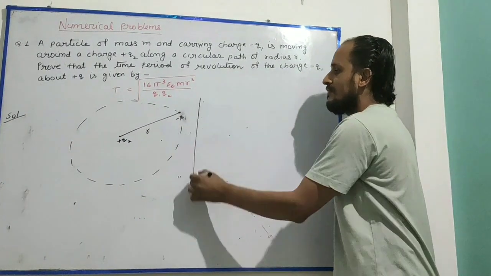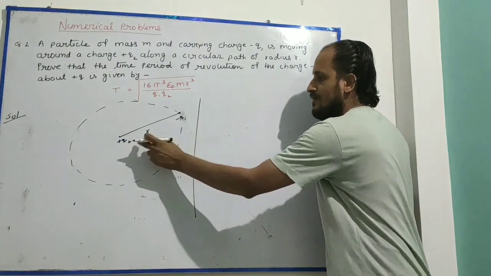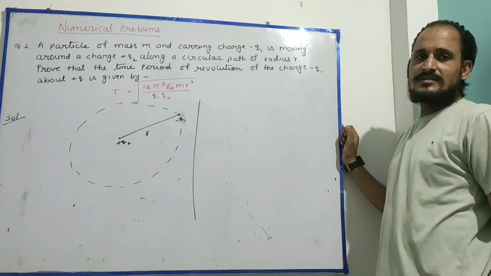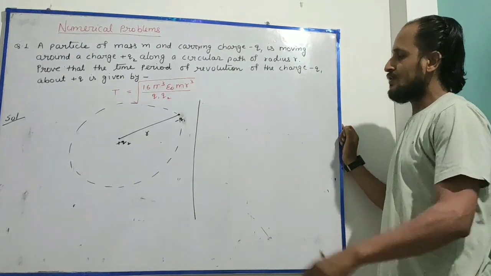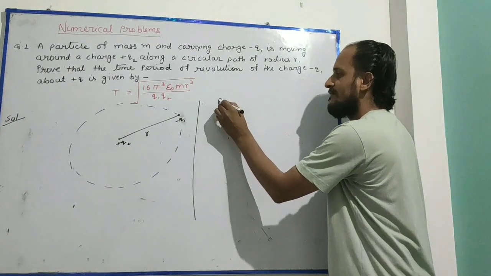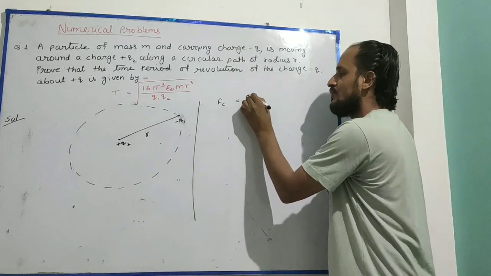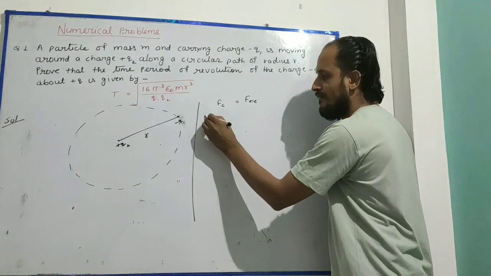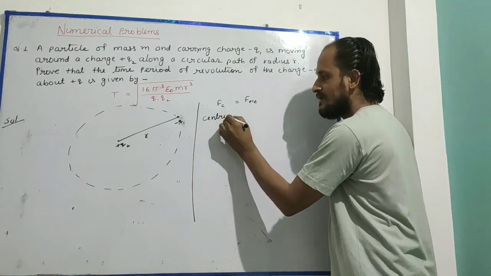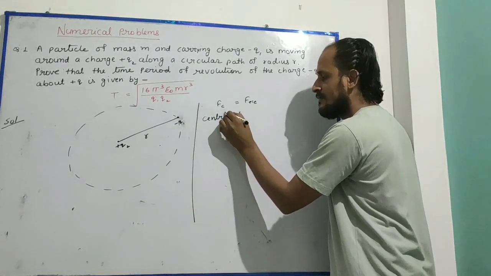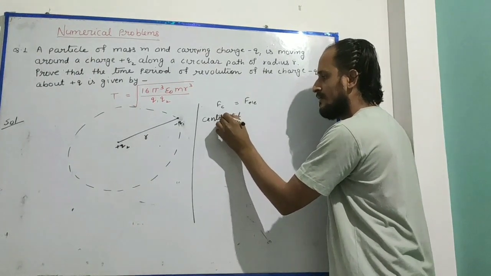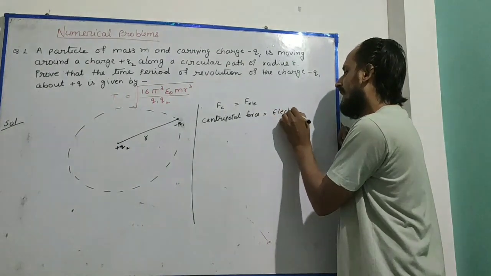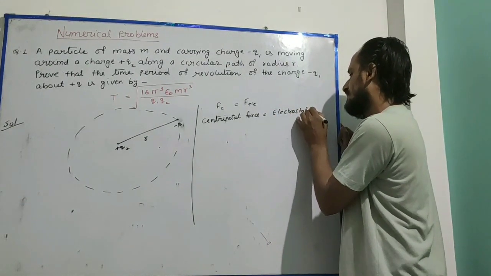Now the electrostatic force acting between them will act just like centripetal force. So what we can write down, Fc is equals to F electrostatic. Fc is centripetal force, centripetal force is equals to electrostatic force.